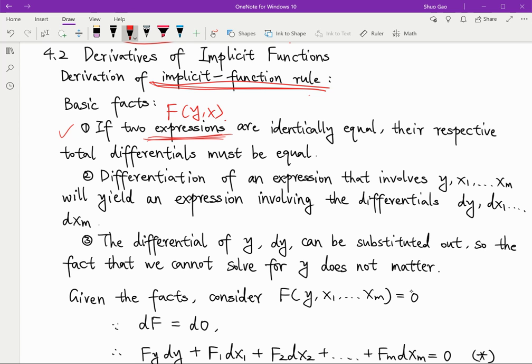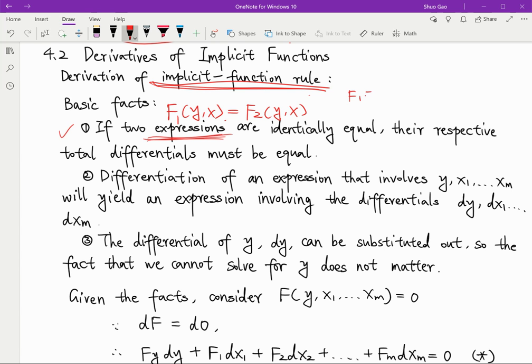So if 2 expressions are identically equal, that means f1 equals f2. Both f1 and f2 are expressions involving y and x. If the two expressions are identically equal, that means they are exactly the same, f1 is just f2.